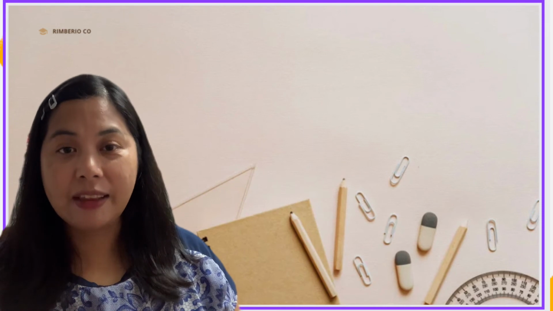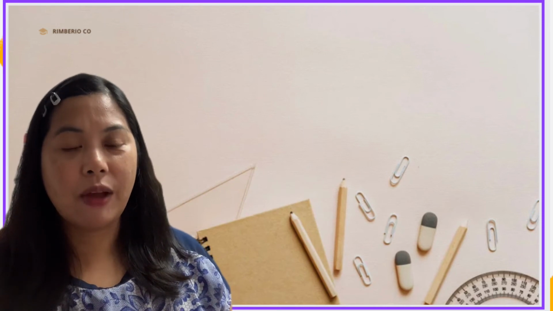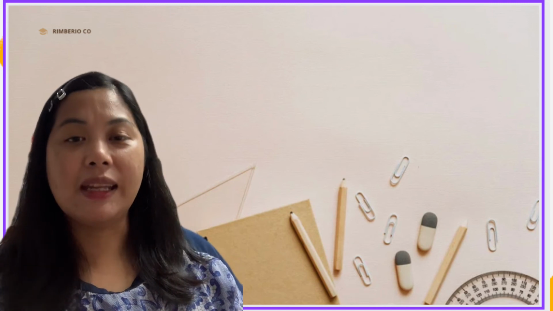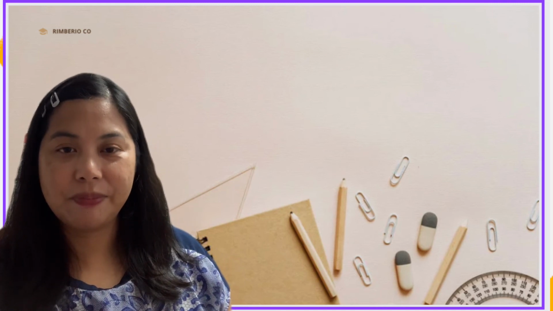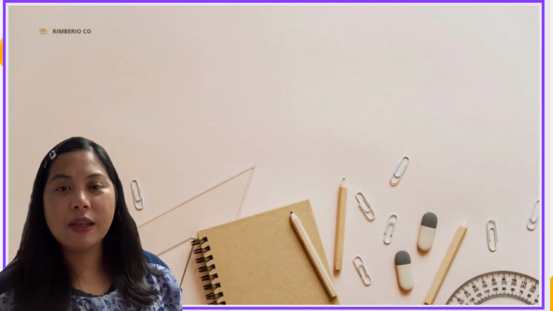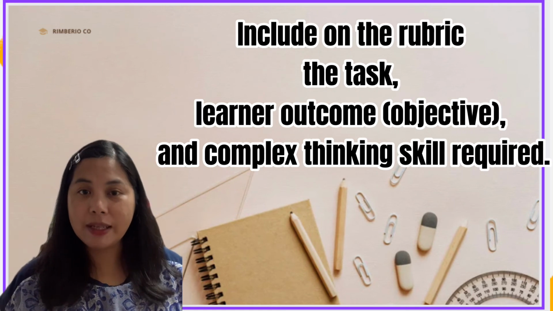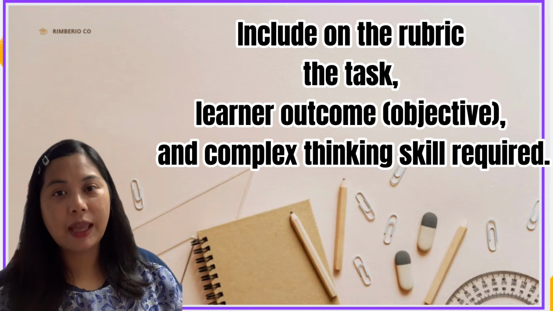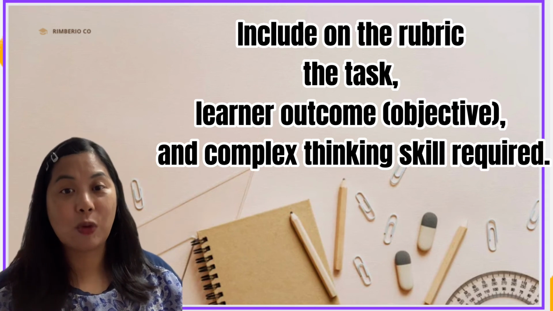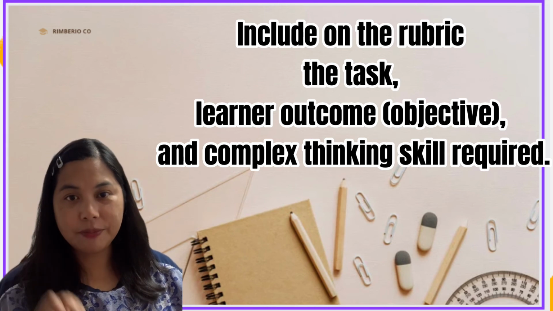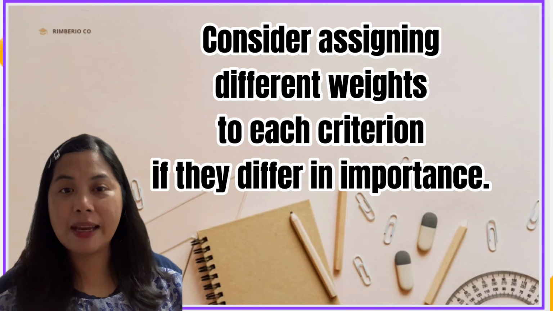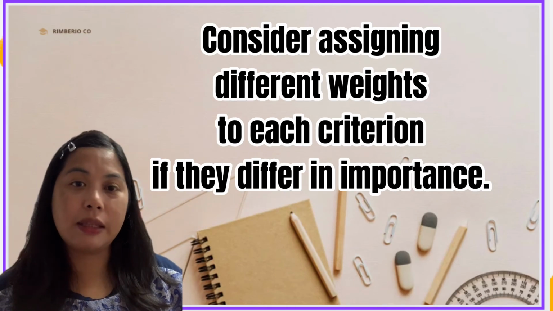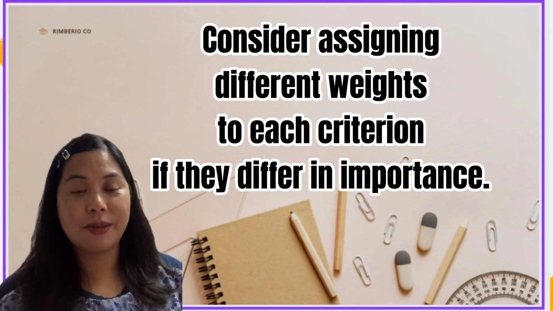And before I end this video, let me give a few tips on how to efficiently use rubrics in assessment activities. For your records, include on the rubrics the task, learner outcome or objective, and complex thinking skills required. Second, consider assigning different weights to each criterion if they differ in importance.